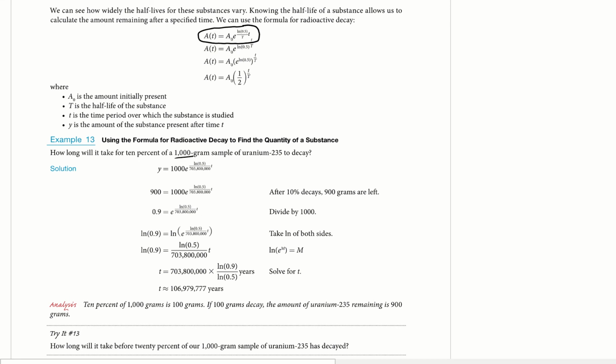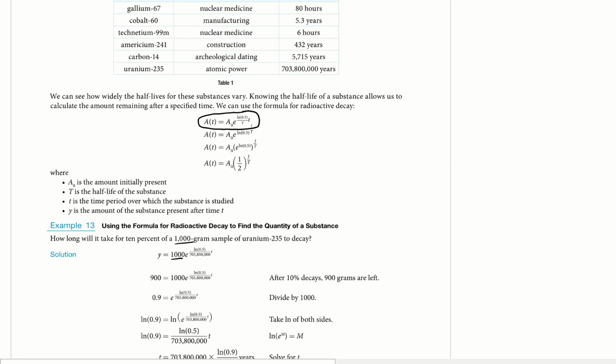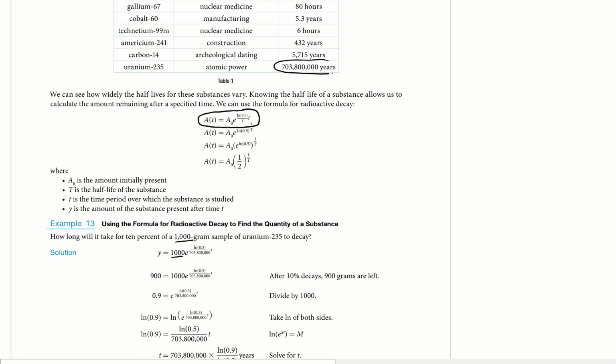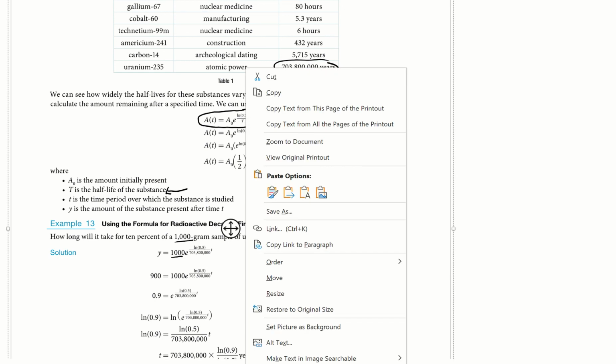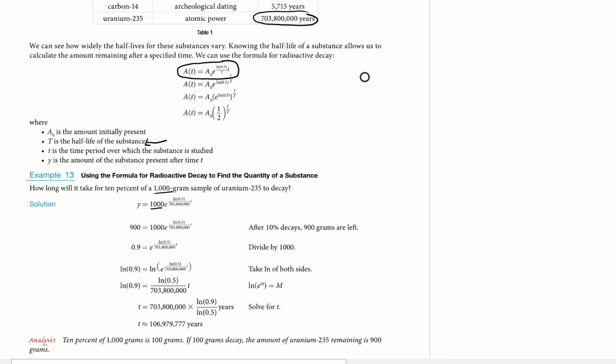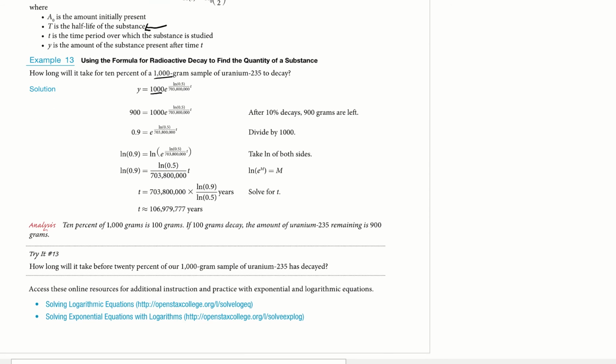So the initial amount they gave us of 1,000 grams, that's why you see this right here, ln 0.05 divided by T times t. Here we go. This is where they got this number because that's the half-life, T, this big one underneath. So it looks like it will be given to you. So they pretty much just plugged everything in and they're going to have you solve it.